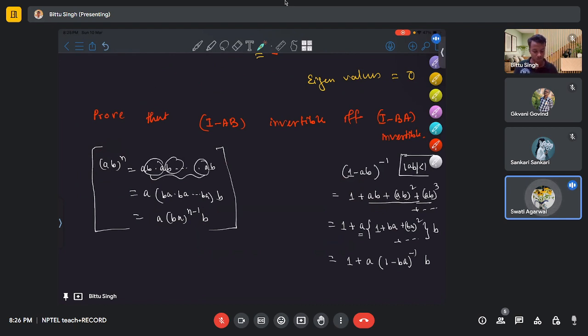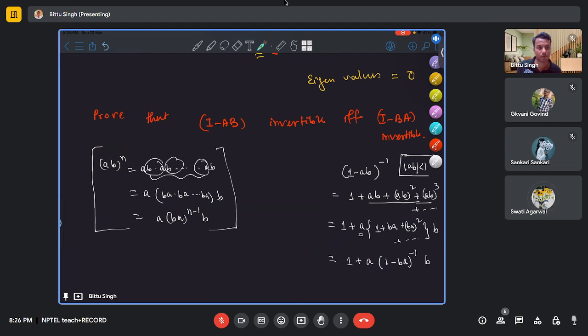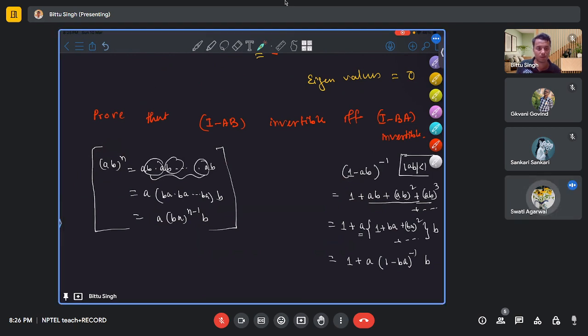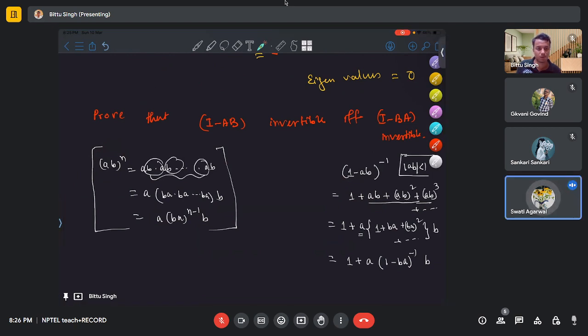That is a sum, right? Yes, we have just used the distributive property. Okay, so we just took out a in a way and kept b away from everything. So the inner series becomes a power series, 1 minus ab inverse.